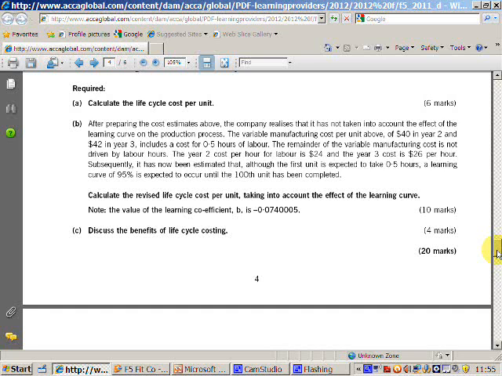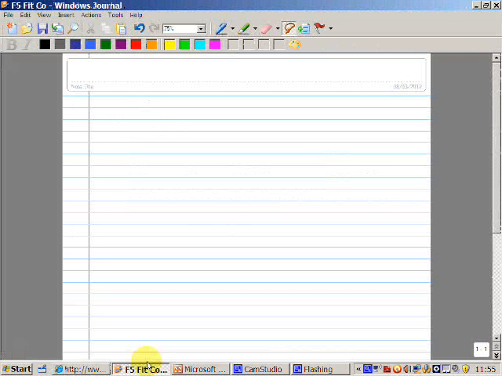Right, so first requirement is to calculate the total cost per unit, the life cycle cost per unit. So looking at that, what is the life cycle cost per unit?